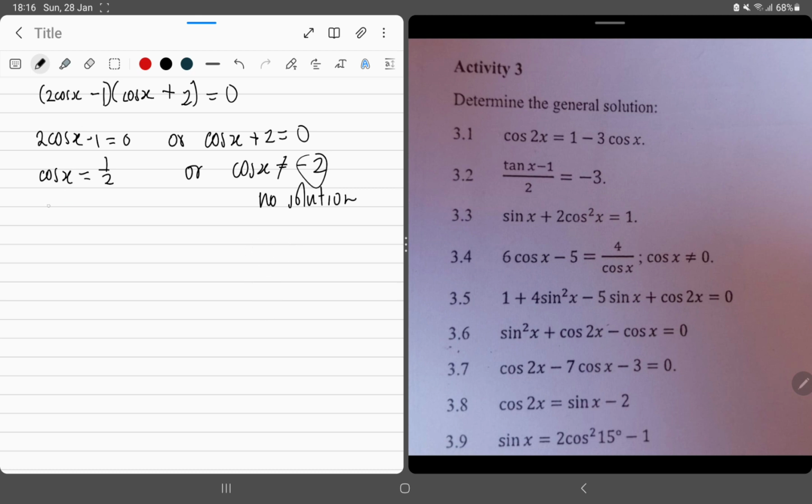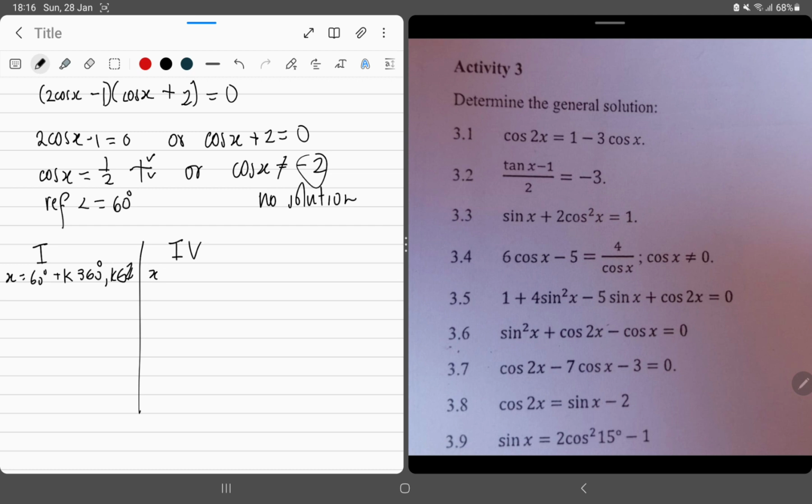So I'm going to focus on this. The reference angle there should be equal to 60 degrees. And I am working in a quadrant where cos is positive. So I am working in quadrant 1 and quadrant 4. x is equal to 60 degrees plus k times 360 degrees, where k is an element of integers.